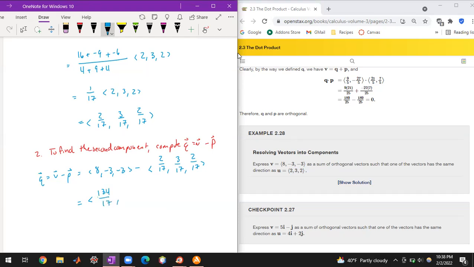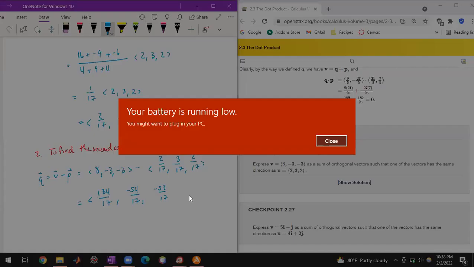Then -3 minus 3 over 17 is -51 minus 3, which is -54 over 17. And then once again, -51 minus 2, so -53 over 17.